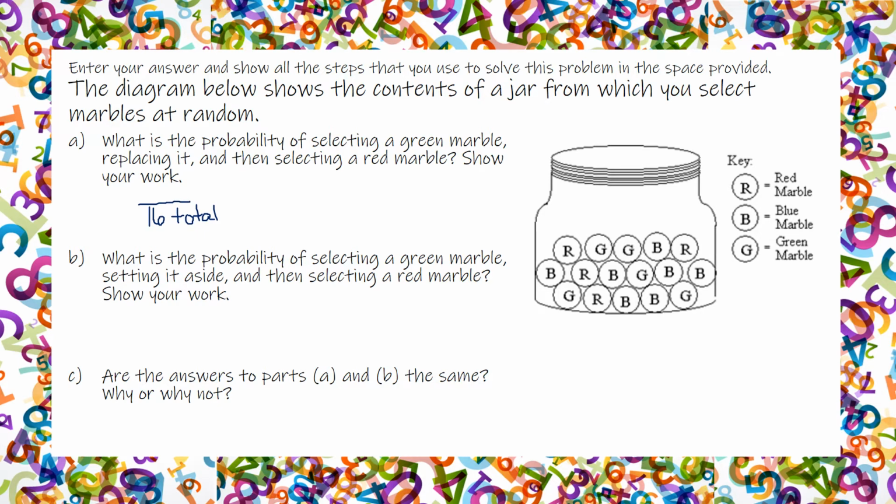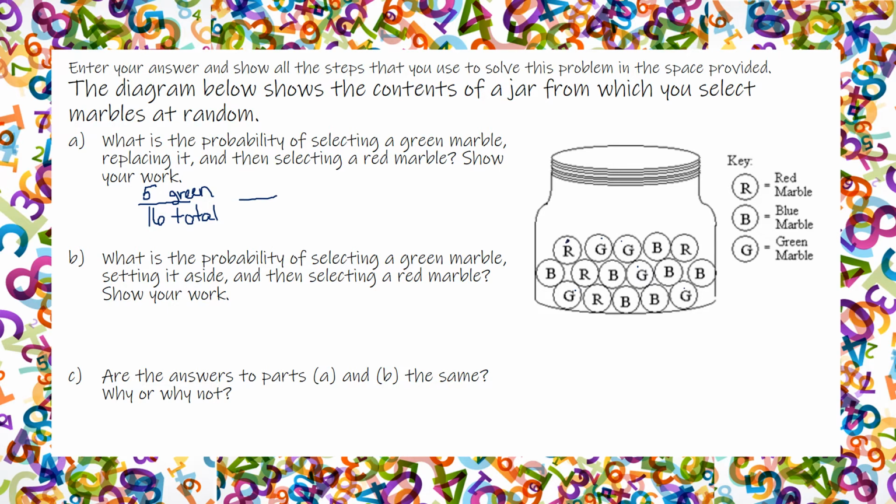And I need to know how many green there are. So there are 1, 2, 3, 4, 5. 5 green. Then I'm going to put the marble back in, and I'm going to get a red one out.